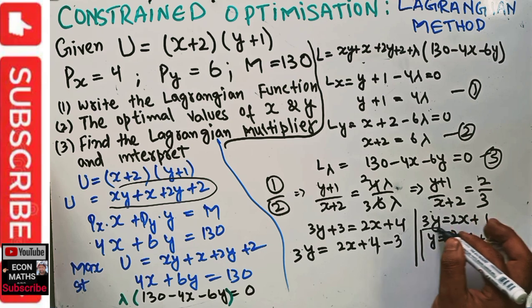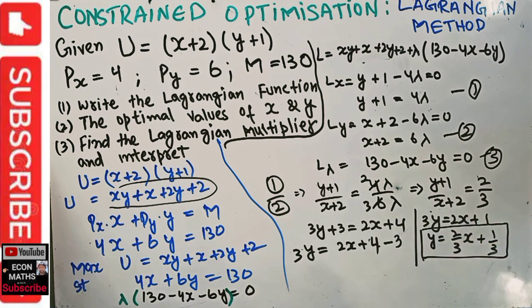Now we plug this value of y into the budget constraint, the third equation. So we will get 130 minus 4x, then minus 6, where the value of y is 2 upon 3 x plus 1 upon 3, and it is equal to 0.